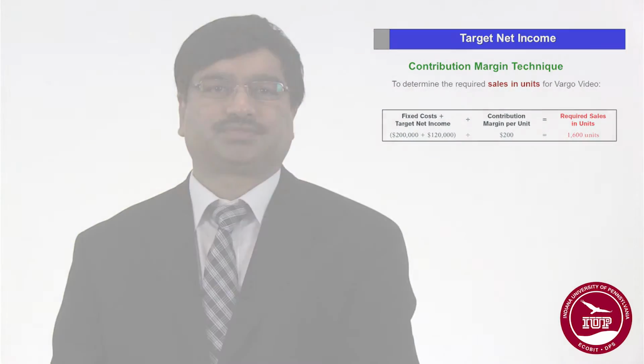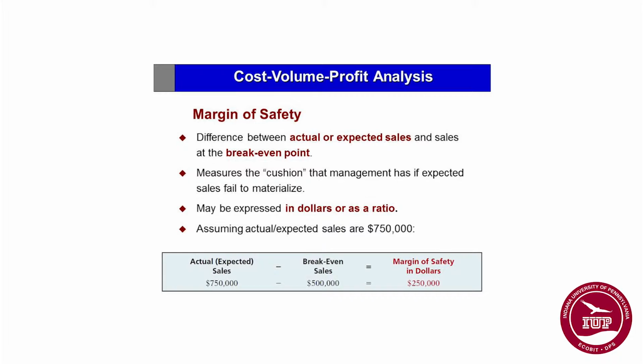Another important concept which relates to the break-even point is margin of safety. That basically means how much over the break-even point the sales are expected to be. So if you take out the break-even sales from the actual expected sales, you get the margin of safety in dollars.